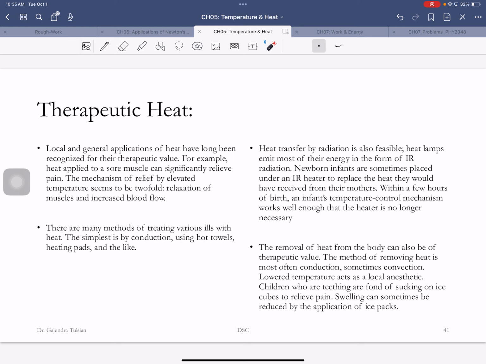Now, here's an important fact for newborns. Heat transfer by radiation is also feasible. Heat lamps emit most of their energy in the form of infrared radiation, which penetrates your body. Newborn infants are sometimes placed under infrared heaters to replace the heat they would have received from their mothers.